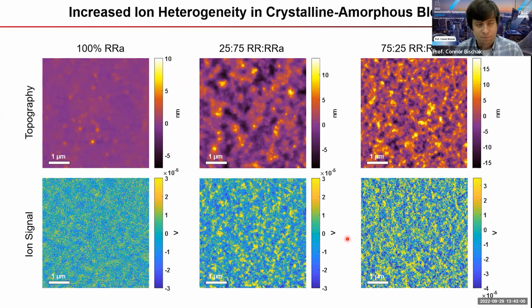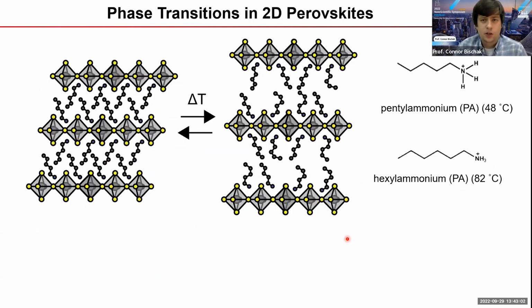Okay. And so for the last few minutes, I just want to transition into talking about a little bit about 2D materials, something we've been excited about for a while now. So looking at this phase transition in these 2D perovskites. So we start off with this crystal structure here, where we have inorganic and organic, basically layered materials.